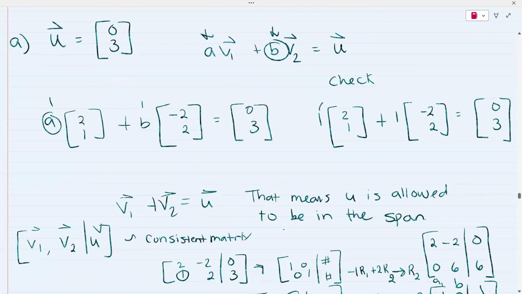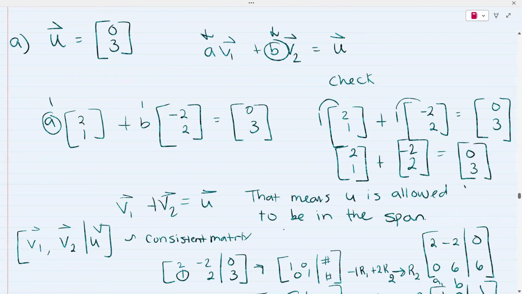If I multiply this out, 1 times 2 is 2, 1 times 1 is 1, and then this one would be negative 2, 2. Does this give you the vector 0 and 3? 2 plus negative 2 is 0. 1 plus 2 is 3. Yes, it does. We found it.